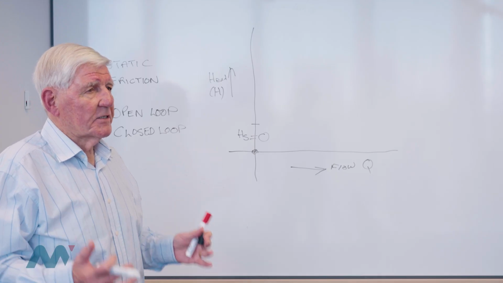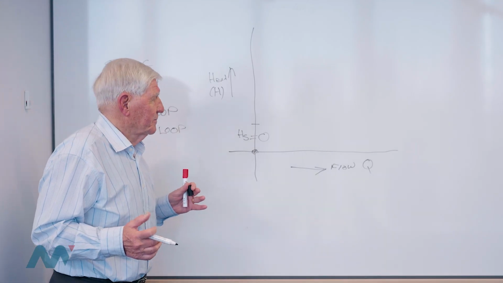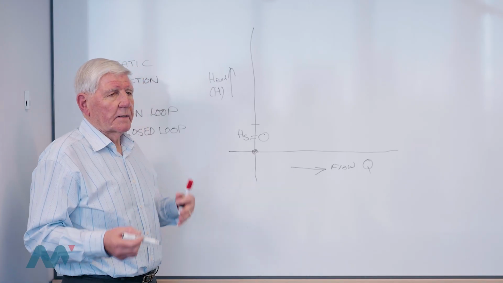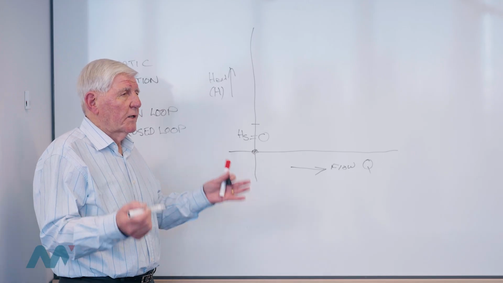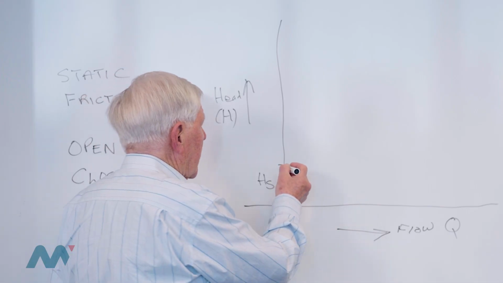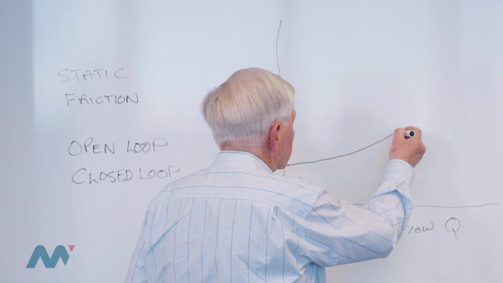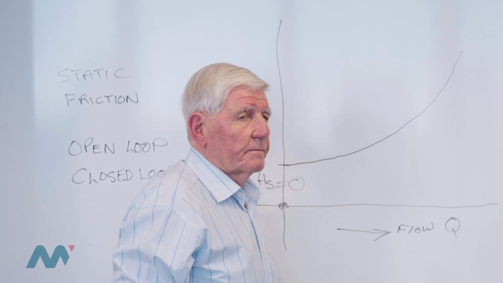So for every system, you have to draw a unique system curve. Okay? So if we draw a system and we make an assumption about the diameter of the pipe, the length of the pipe, the number of bends, we should be able to calculate the friction losses in the pipe system, and that will basically be a square law curve.